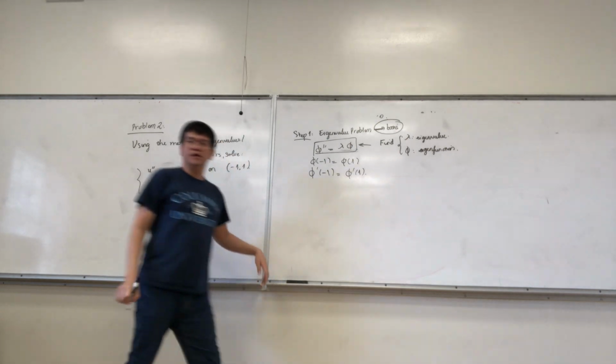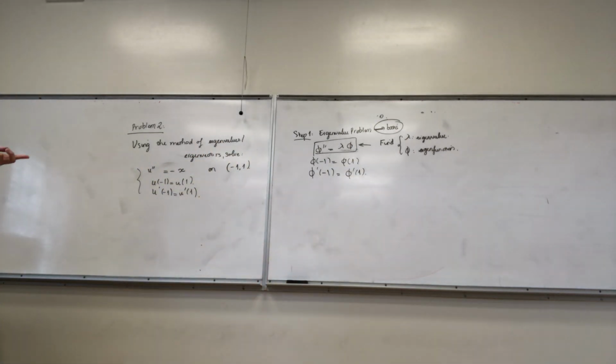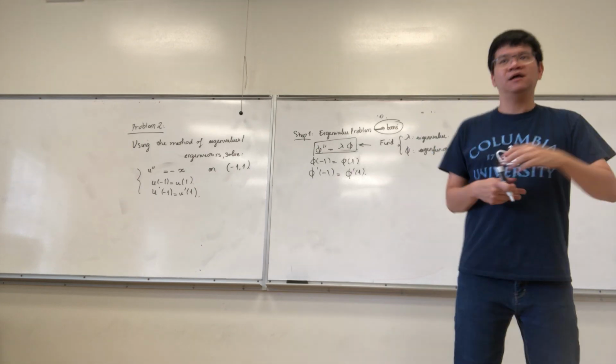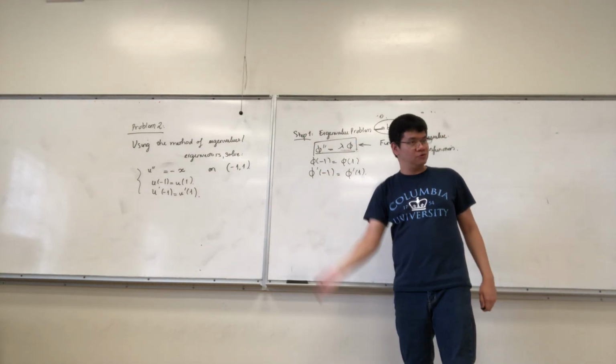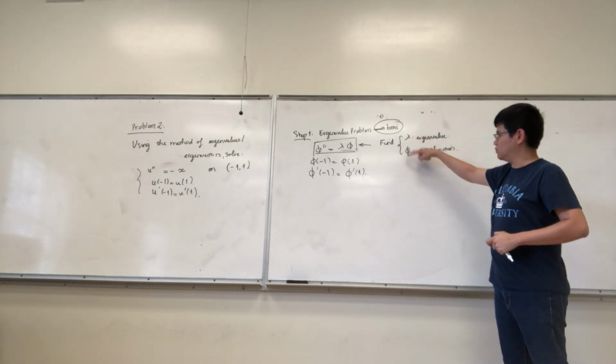In the first step, you always have to find phi second is equal to lambda phi. Lambda is the eigenvalue, you don't know. Phi is the eigenfunction, you don't know. Your job is to find a function whose second derivative is itself times a constant that you don't know, right? Questions? So those are the two unknowns.